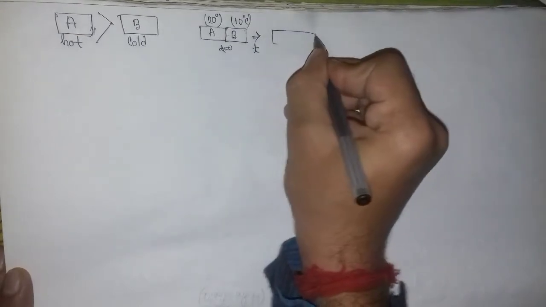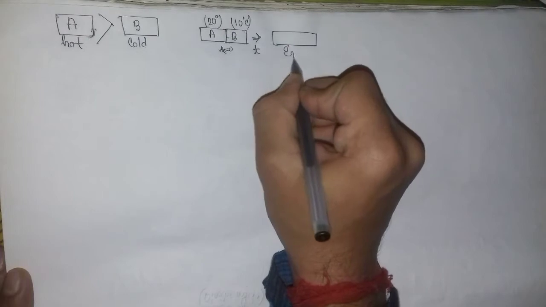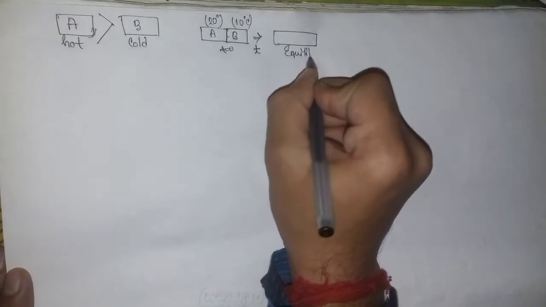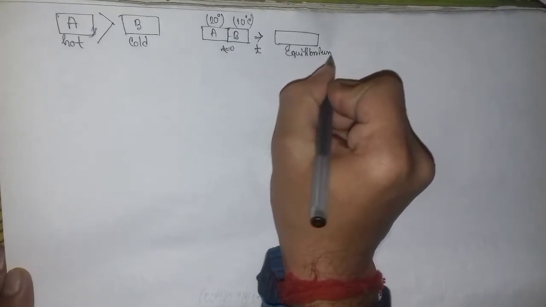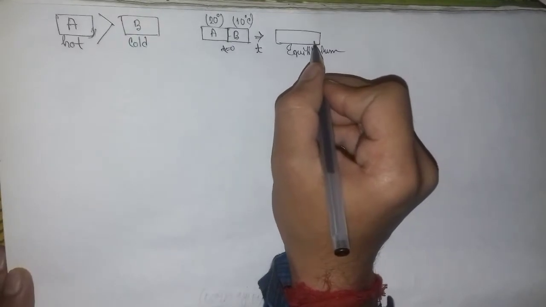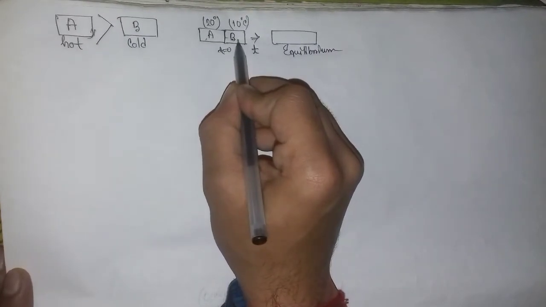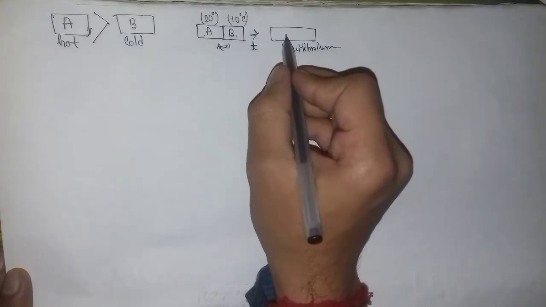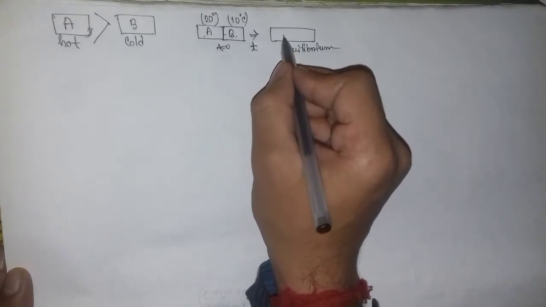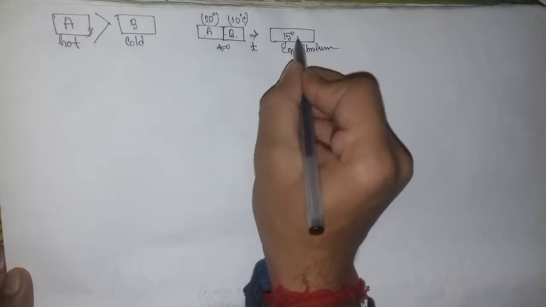That means at the point of equilibrium you won't be able to make a difference between system A and B in terms of temperature. That means both of them will have the same temperature, that is 15 degrees centigrade.